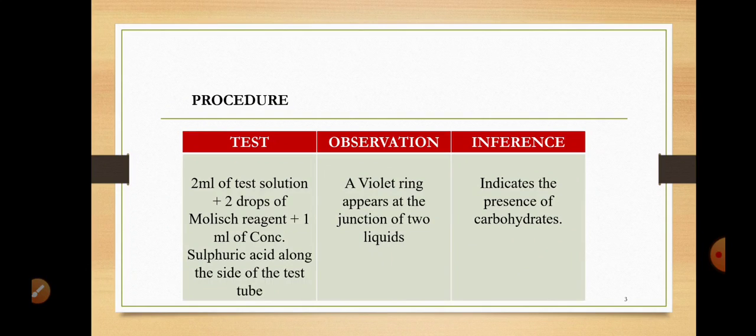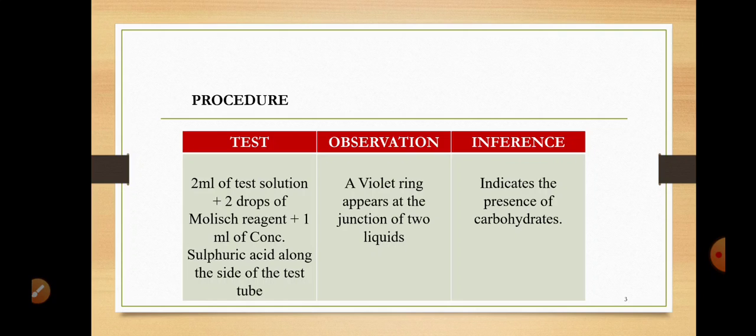We take 2 ml of the test solution, plus 2 drops of Molisch reagent, which I just discussed with respect to its preparation, plus 1 ml of concentrated sulfuric acid. Care should be taken that the concentrated sulfuric acid is added along the side of the test tube, not directly.